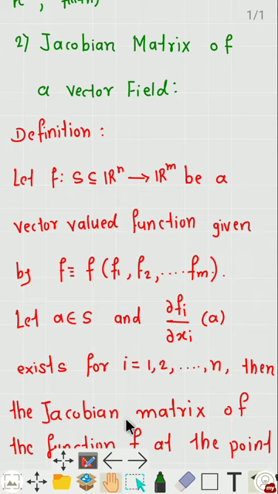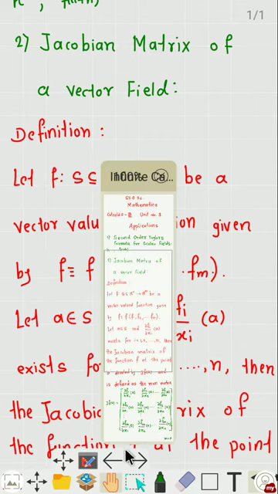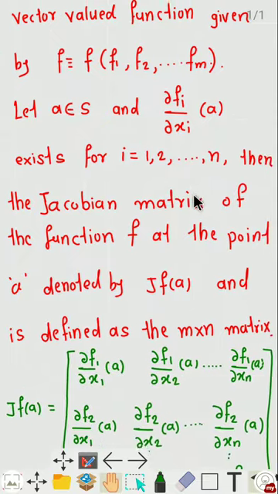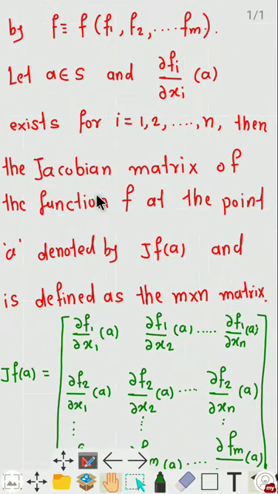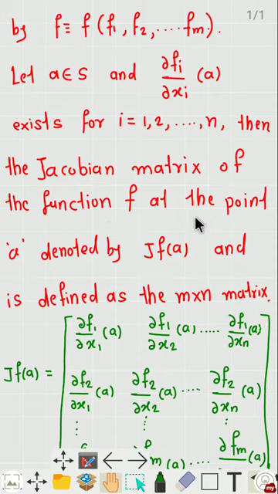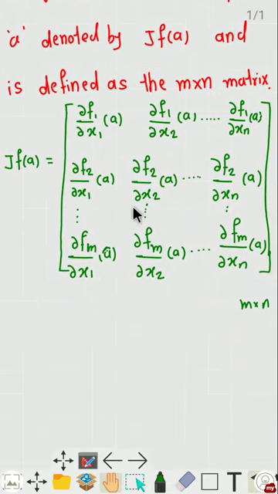Then the Jacobian matrix of function f at the point A, denoted by Jf of a, is defined as the m cross n matrix written like this.